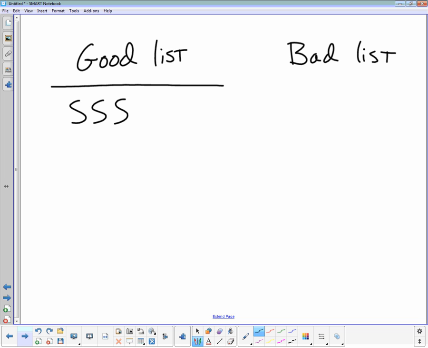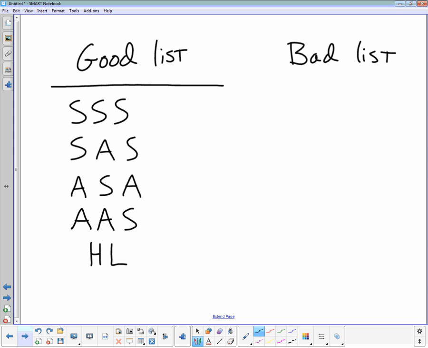We also have side, angle, side, angle, side, angle, angle, angle, side, and there's a weird one that we're going to talk about called hypotenuse leg, and we're going to go into all of these. Yeah, I want you to write the abbreviation.